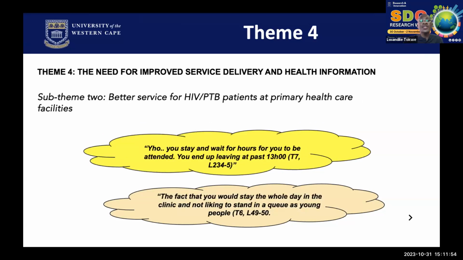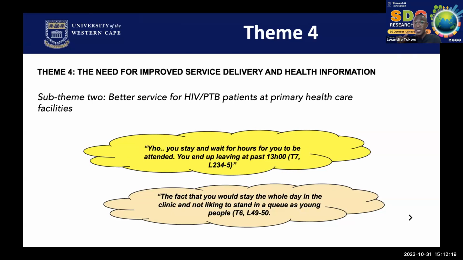And then another sub-theme that emerged under this was better service for HIV and pulmonary TB patients in the primary healthcare facilities. Because these patients were in the rural setting, they experienced that the quality of health services was not up to standard, in the sense that they would spend a lot of time because there was a shortage of nurses in that area.